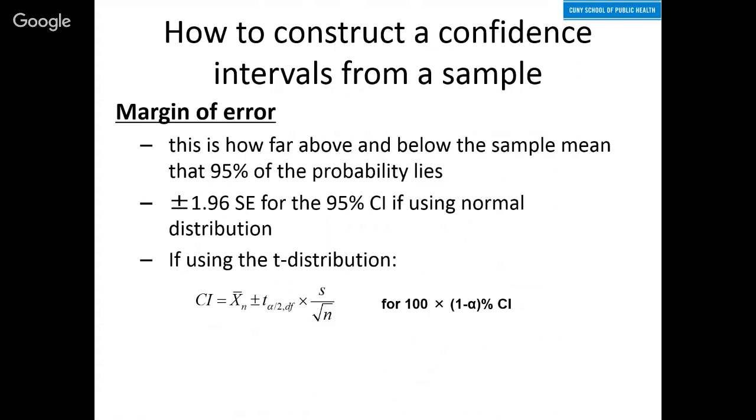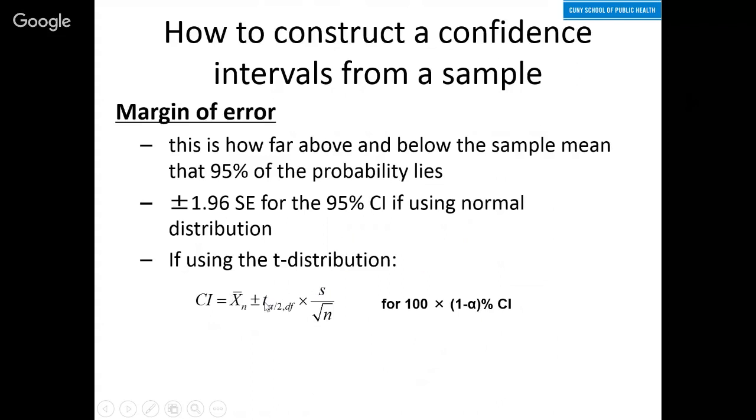Okay, just quickly from what you covered last week, you remember how to calculate the margin of error. Either it's 1.96 for a 95% confidence interval from the normal distribution, or you use the t distribution if you have estimated the standard deviation from a sample.